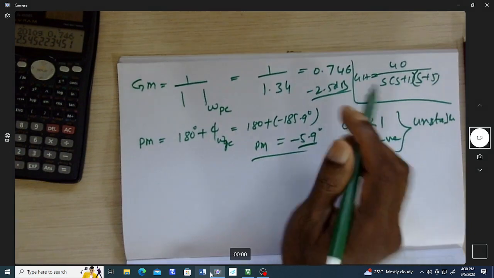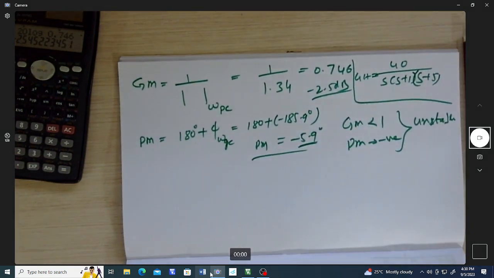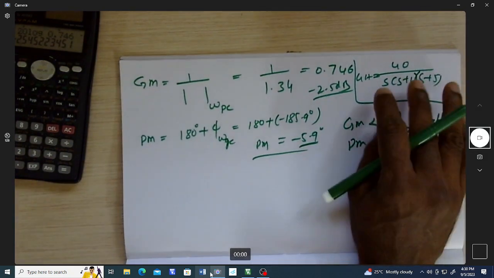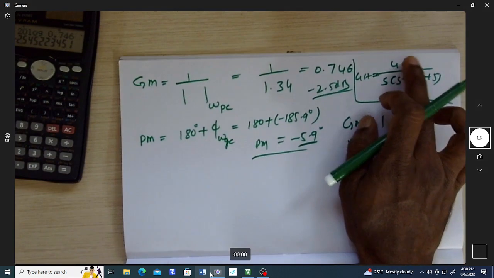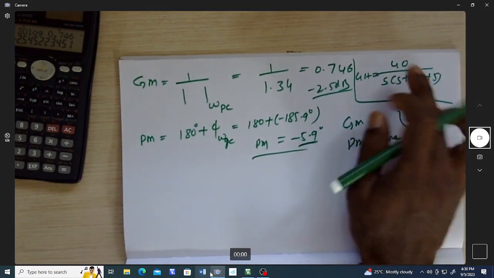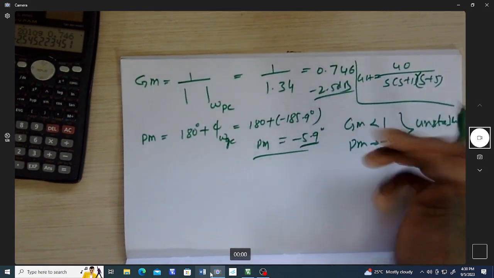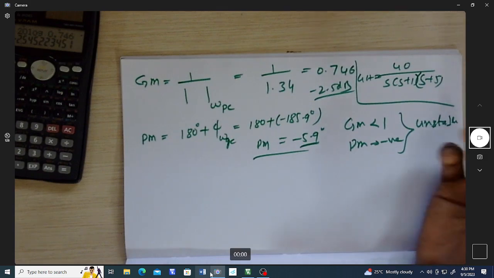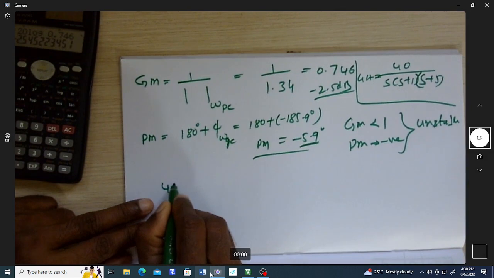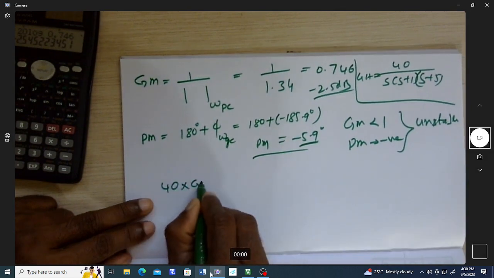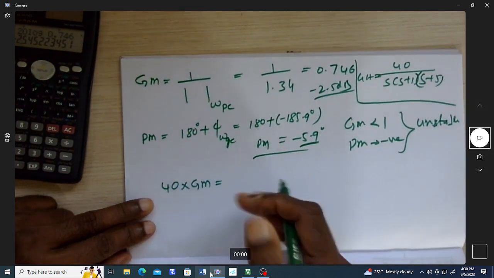Can I make this system oscillatory, or can I make this system stable also? Yes, it is possible, because this is a conditionally stable system. Since I can change the value of k, for 40 the system is unstable because two roots are coming to the right hand side of the plane. Suppose I make the root locus gain 40 into the gain margin, then the system will become oscillatory.